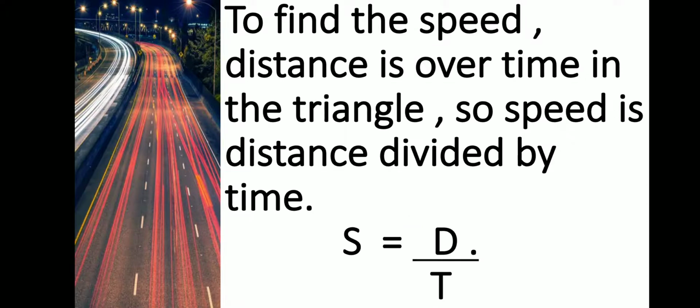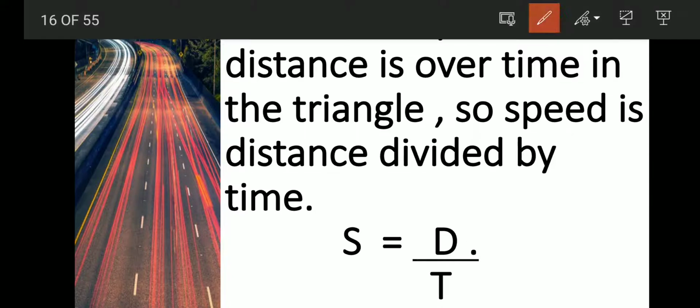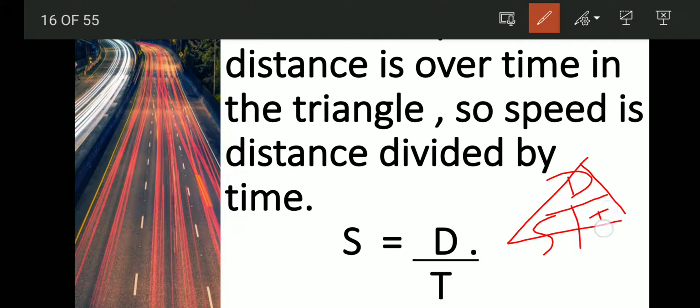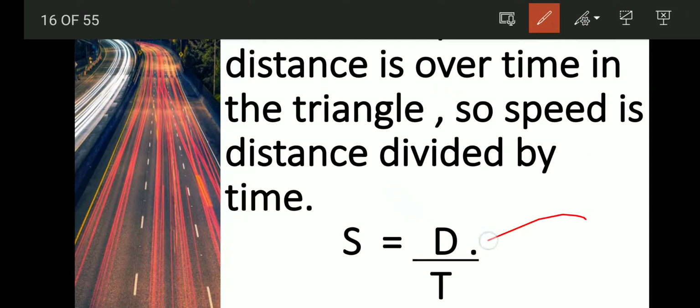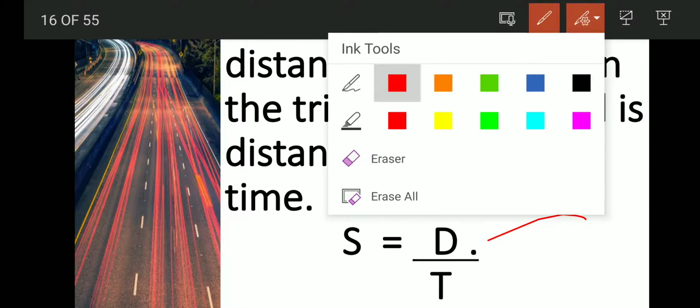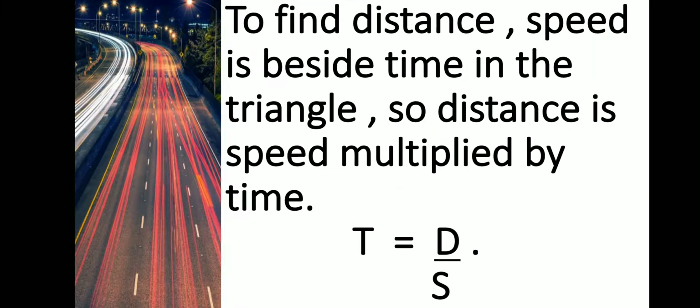To find speed, distance is over time in the triangle. It's like this. So, speed is distance divided by time. To find distance, speed is beside time in the triangle.